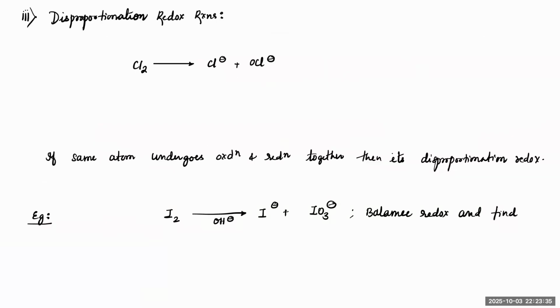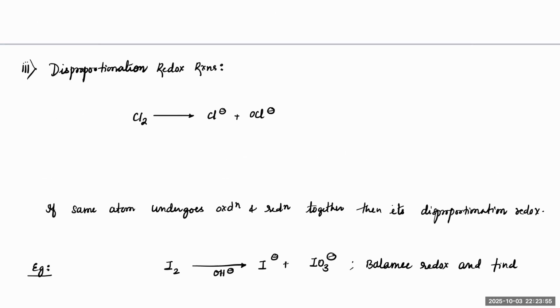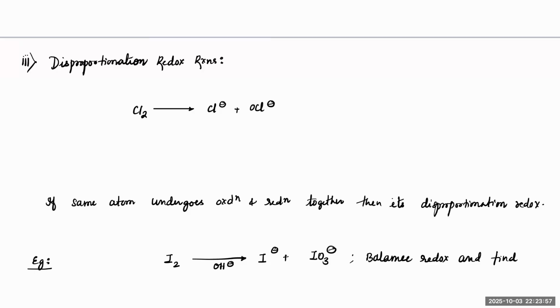When there is a disproportionation reaction, how do we find out the equivalent weights? Again, here there are multiple methods. I'll show both the methods here. How to calculate the equivalent weight in disproportionation reaction. See, first of all, figure out how much is the oxidation type and how much is the reduction type.